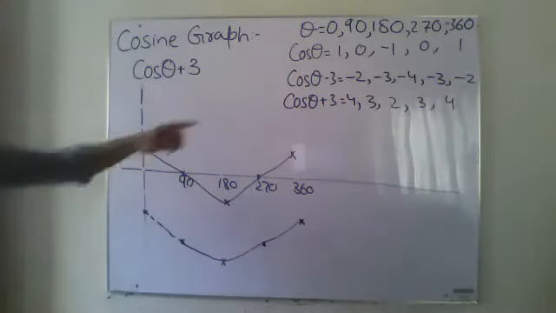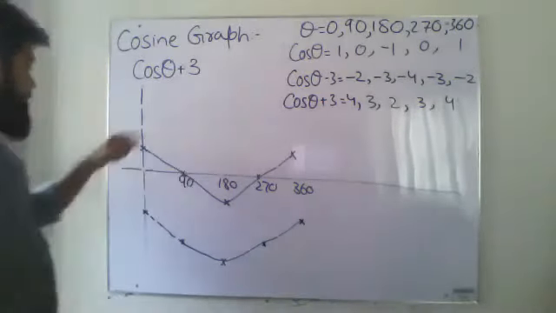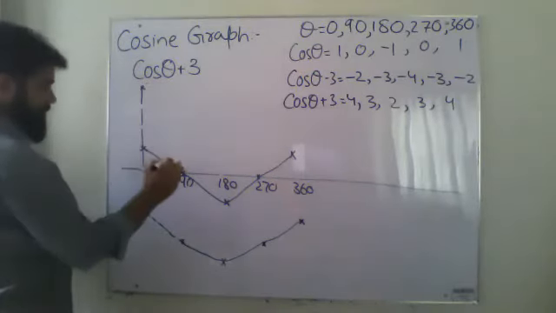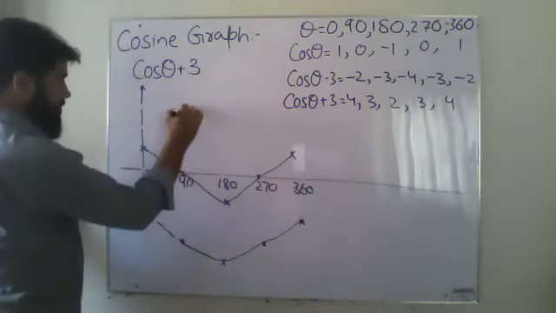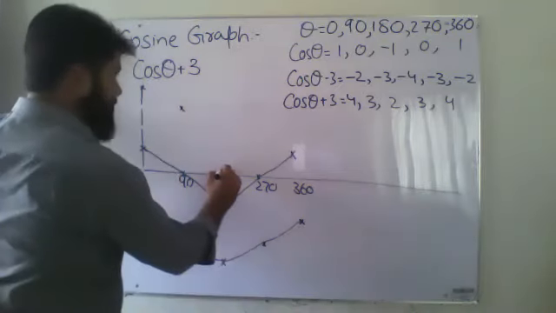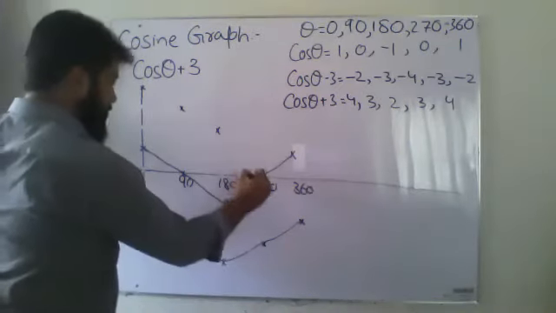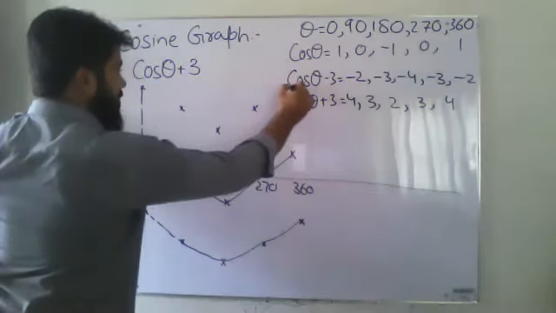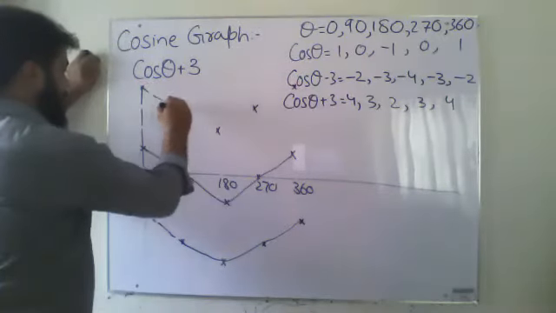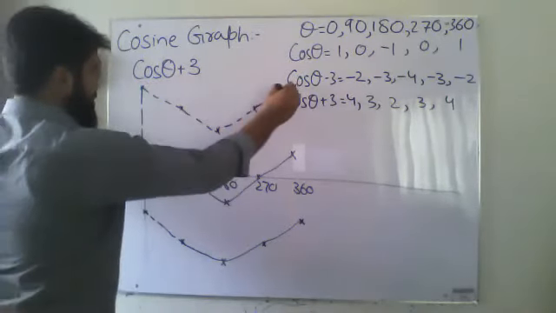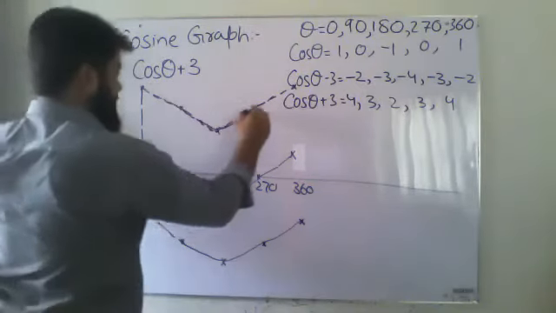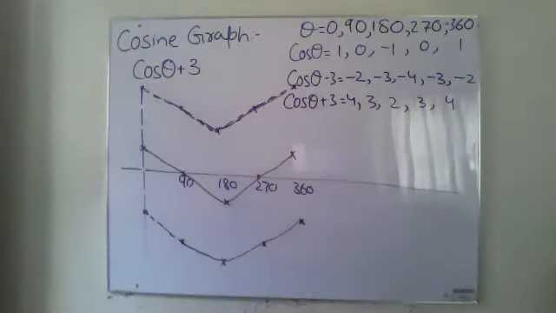Then I'm plotting the +3 values: 4, 3, 2, 3, and then 4 over here. Connecting them, this will be your final answer.